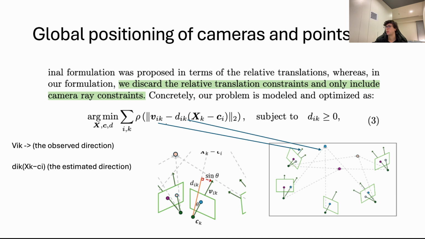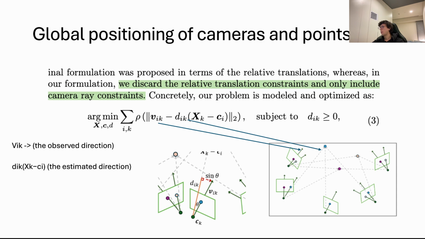So in practice, what we have here is v_ik, our black vector, which is the observed direction of the point in space. And then we have this other term, which is the estimated direction of that point.